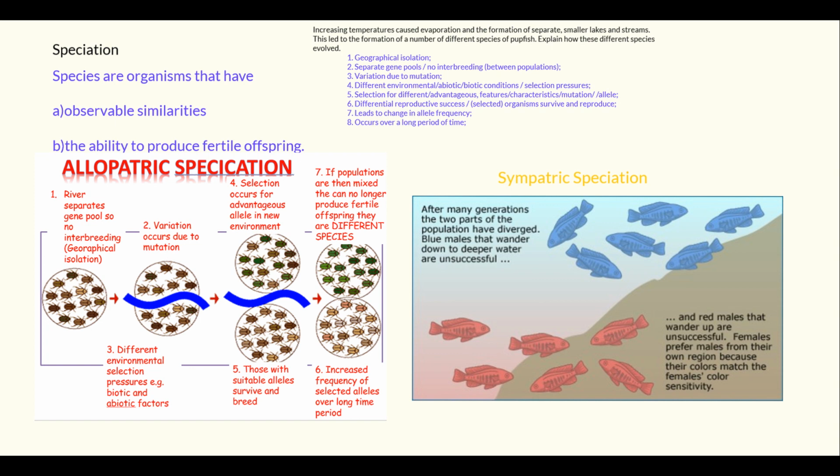So the idea is that the blue ones stay near the top and the red ones stay near the bottom. Now this could be for certain reasons, certain selection pressures, but they no longer are interbreeding. So it's the same mark scheme. The only thing that you do not include is mark point 1, where you're saying that there is geographical isolation. For some reason, they are not interbreeding. That's the idea of sympatric speciation.